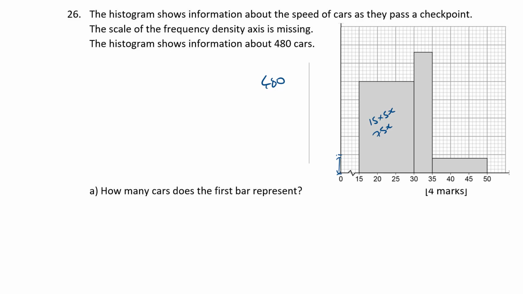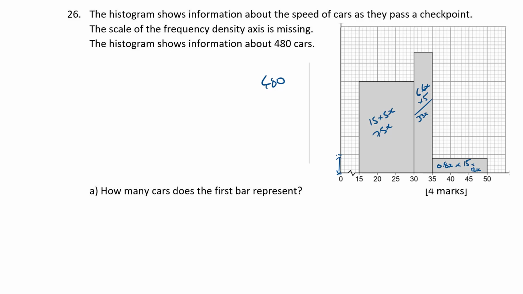Now the next bar along is of a height, what's that, 6.6x, times a width of 5, which is 6.6 times 5, 33x. And this last one is 0.8x times 5, 10, 15, times 15. And 0.8 times 15 is 12x.